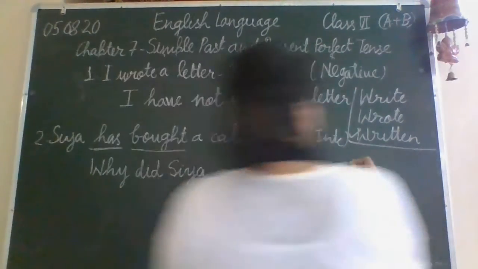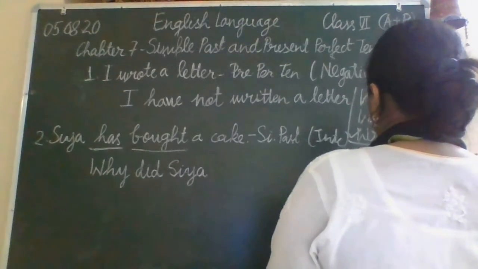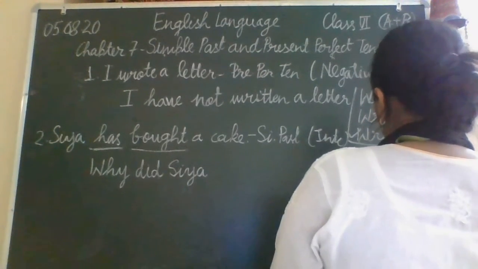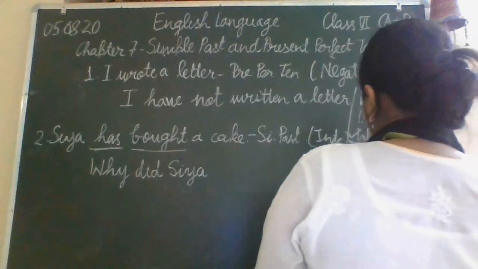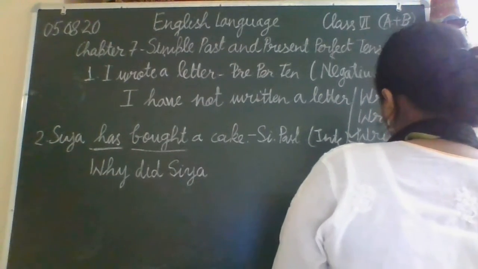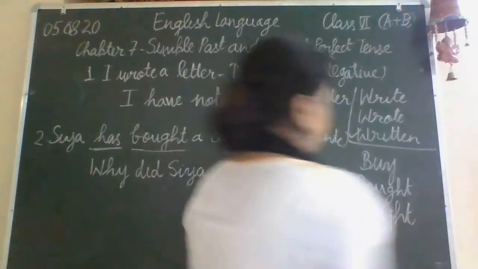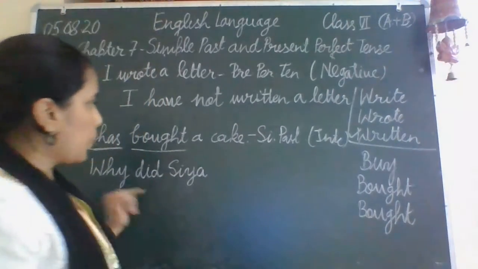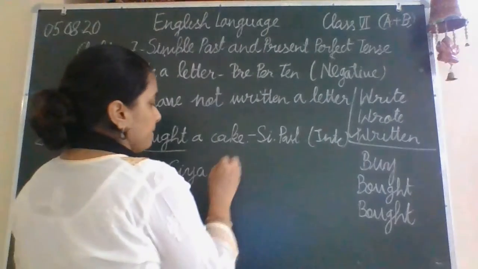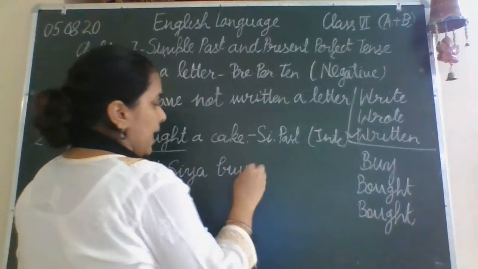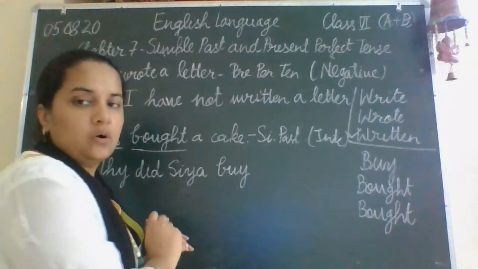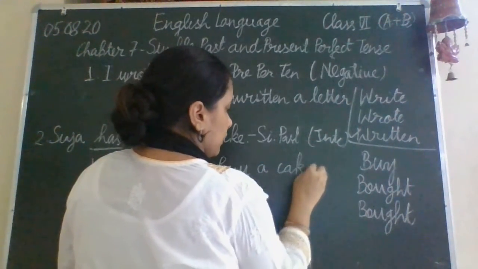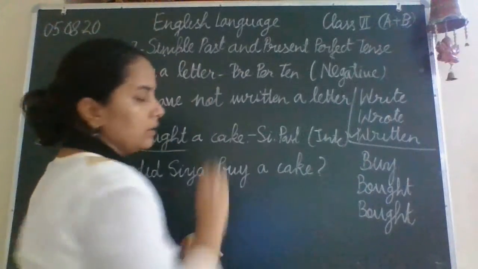We know that the base verb is buy, the second form bought and the third form bought. Here the second form and the third form are the same. So why did Sia buy? Then we will put the object a cake and the question mark.